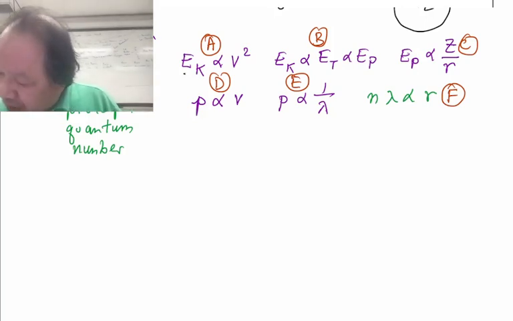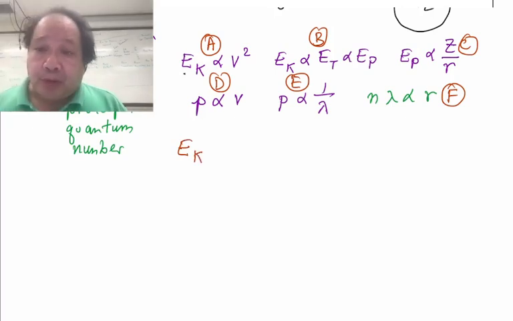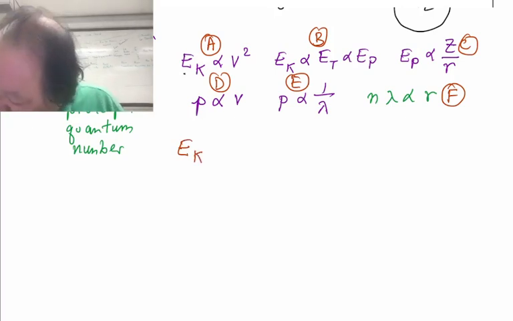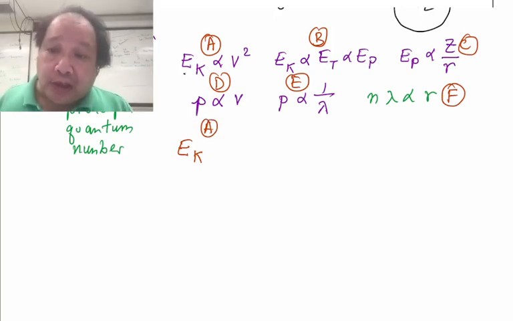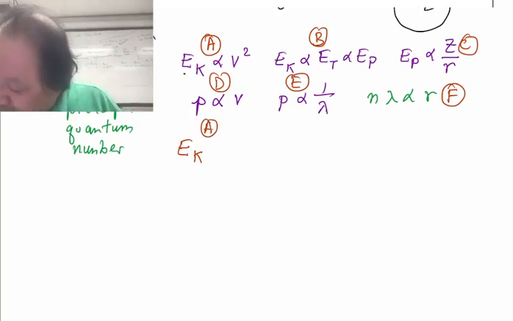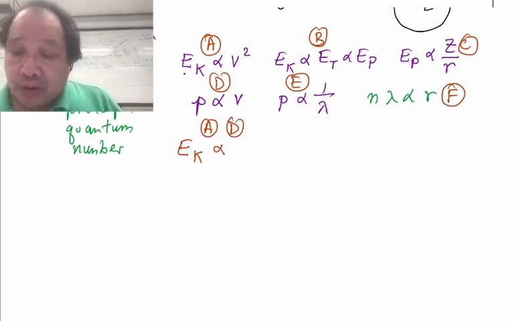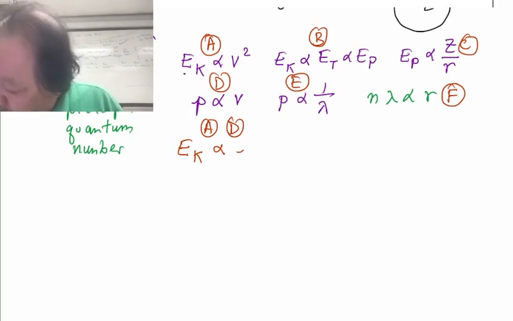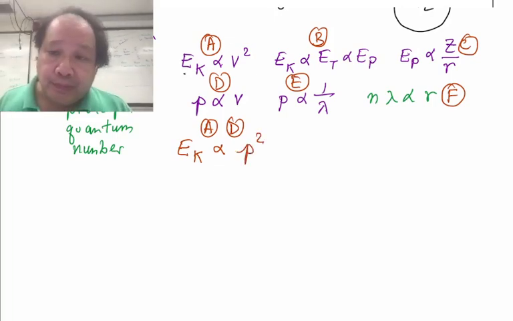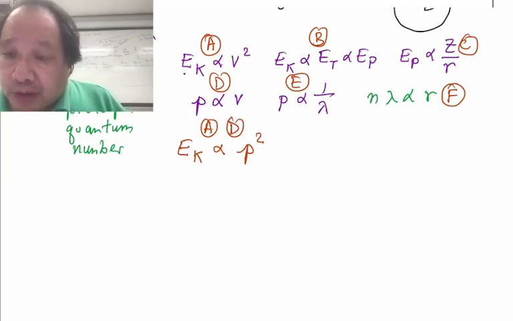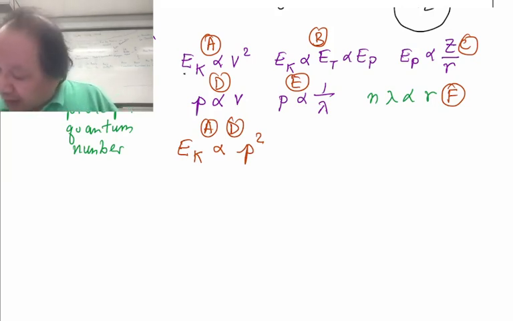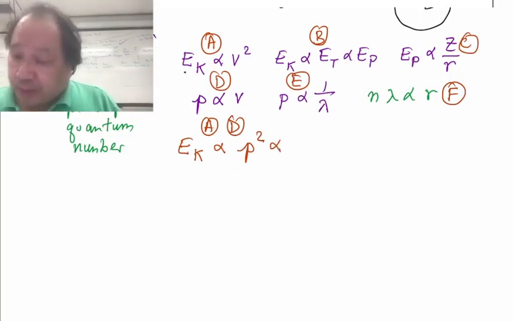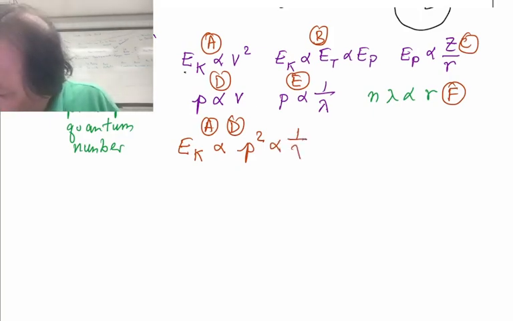And so let's put these together. EK is proportional to V squared by A, and V is proportional to momentum by D. So EK is going to be proportional to V squared, and V squared will be proportional to P squared. P, if we look at relation E, is proportional to 1 over lambda, so P squared is proportional to 1 over lambda squared.